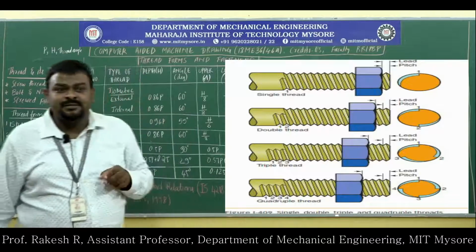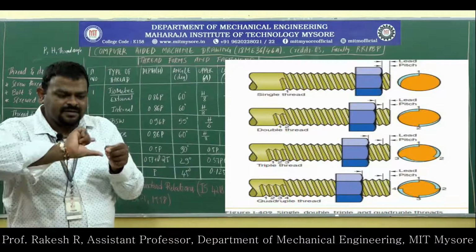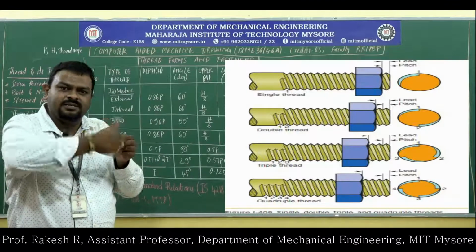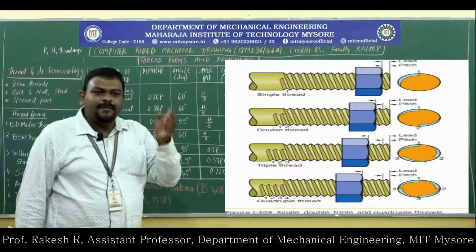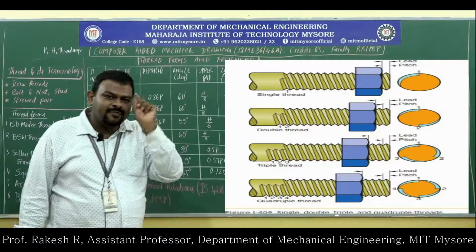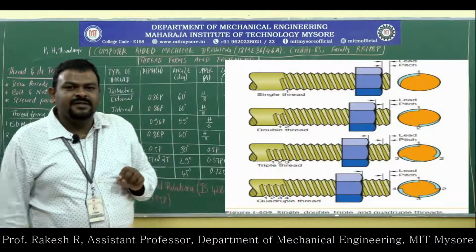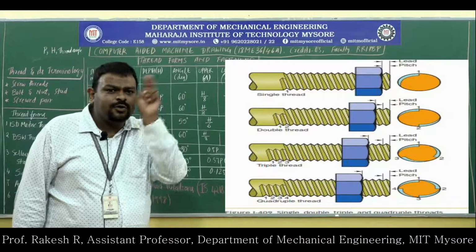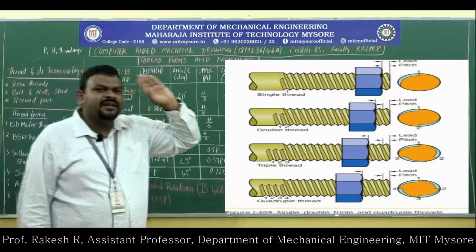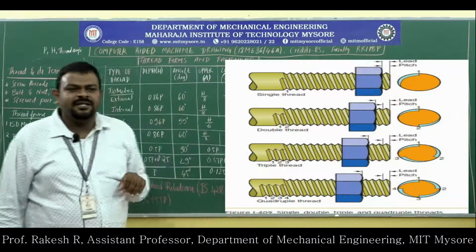In a single start thread, in one shot itself it will close. Double start, S1, S2, 2 rotations. Multi start, many rotations. The lead will be equal to the pitch in single start thread, 2p in double start thread, and np in multi-start thread.